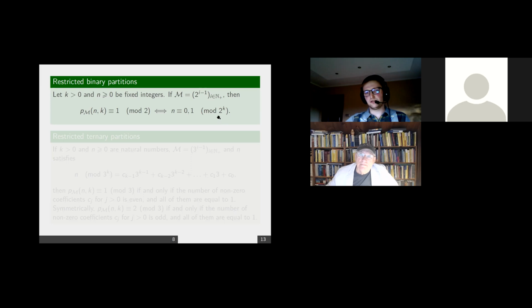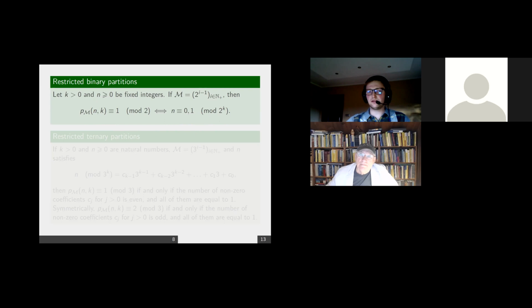Great. So if we assume that k is greater or equal than 4, then we obtain that the odd density of this restricted partition function is 2 over 2 to the power k. So it is 1 over 2 to the power k minus 1, and it is smaller than 1 over 2.